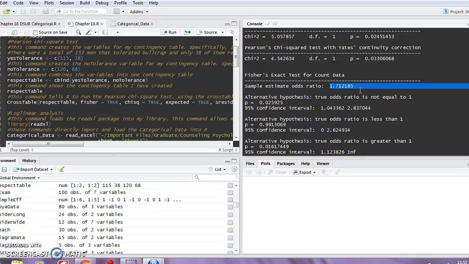So you see it's relatively small, but in essence, the odds of men receiving respect from not tolerating bullshit is 1.71 times greater than if they had shown tolerance for bullshit. That's all that is.